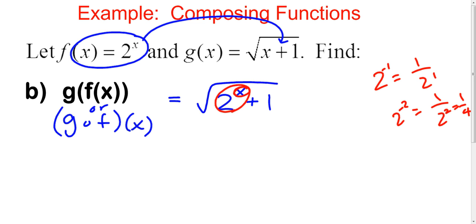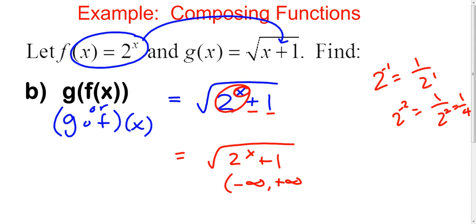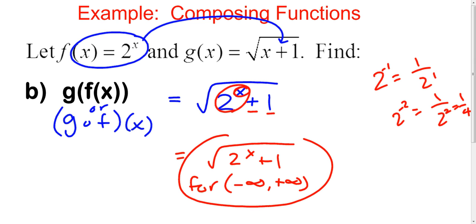It might be a fraction, it might be a really small number, but it will always be a positive number. And then when you add 1 to it, it's going to be an even bigger positive number. Okay, so because of that, I don't need to place any more restrictions on this than I already have. So this is just simply going to go from -infinity to positive infinity, and that's all I need to do for this one.